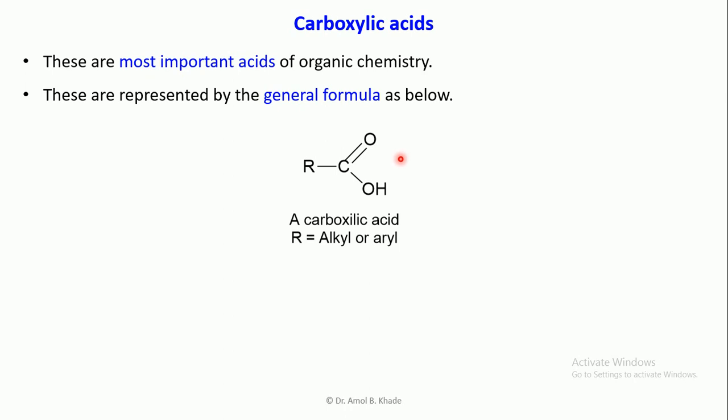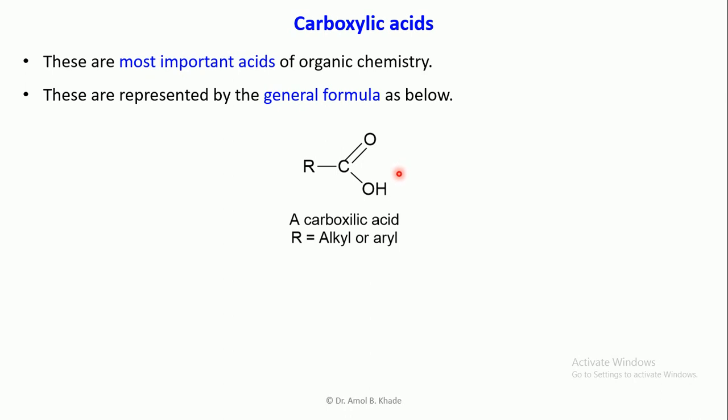There are several compounds in organic chemistry where you find the carboxylic acid as a functionality, and this is the group which has the highest priority in the nomenclature system. Whatever functionalities we have studied so far in the previous IUPAC sessions, this is the group which will get the highest priority.